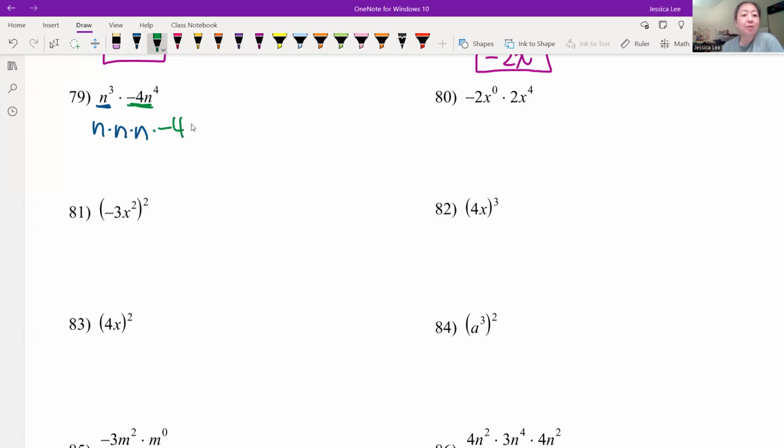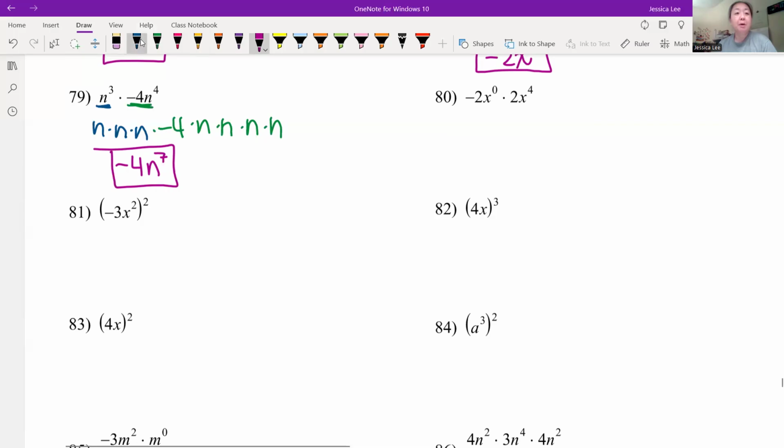Times -4 times how many n's? We got 4 of them. So again, for our numbers, we only have a -4, so I'm just going to write it in the front. How many n's are we multiplying? We have 3 here and 4 here, so together that's 7 n's that we're multiplying. Done.